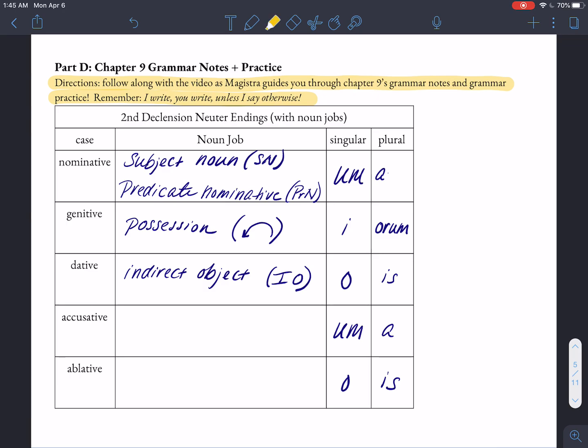Once you're done with that, we're going to do our accusative box here. And that has two things we're going to write. We're going to write direct object, that's DO, and object of preposition.